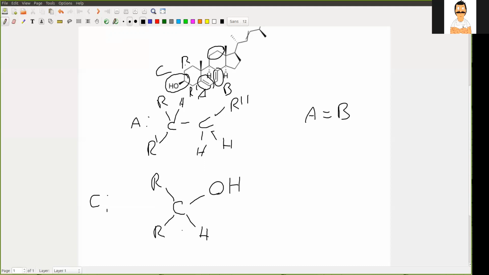And what's going to happen when you add benzoic acid is it's going to deprotonate that oxygen, that hydroxide group, and you're going to end up with this new structure that's going to have the same R and R prime and hydrogen, but instead of the hydroxide group, it's going to have this O and then a carbonyl, which is a double bond to an oxygen, and then a benzyl group.